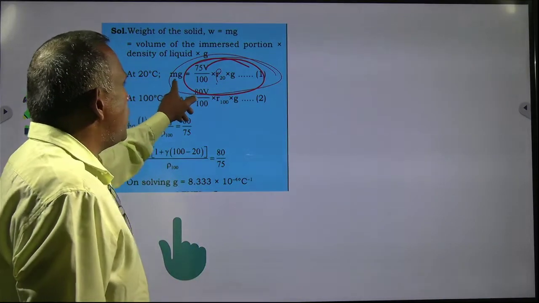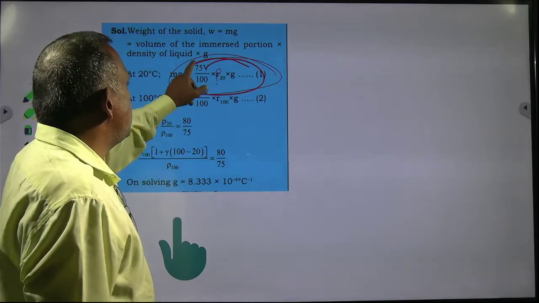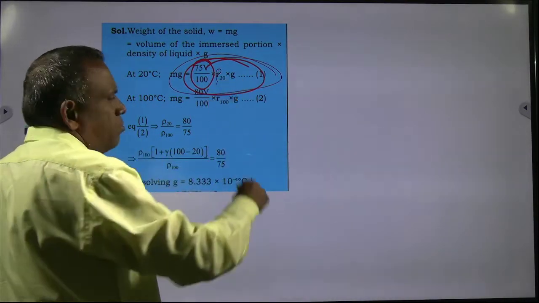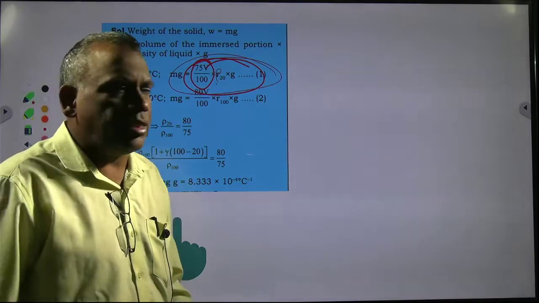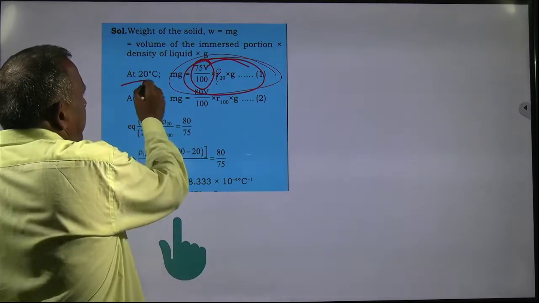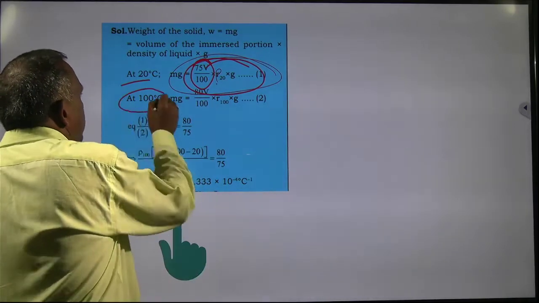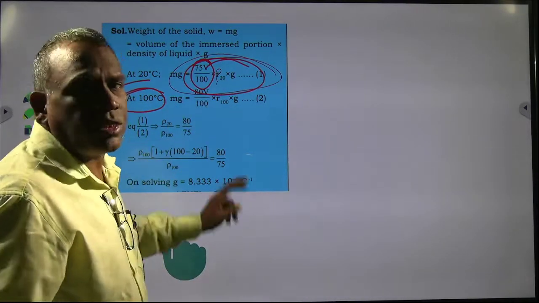Weight is equal to mass into gravity, and mass is nothing but volume into density, so you can write V d g. At 20 degrees centigrade it is 75% of the volume. At 100 degrees centigrade it is 80% of the volume, 80 V by 100.